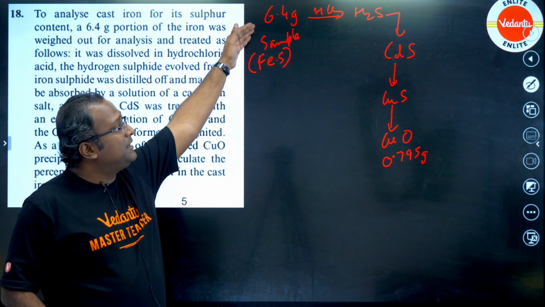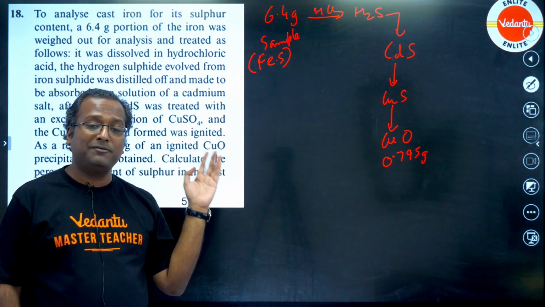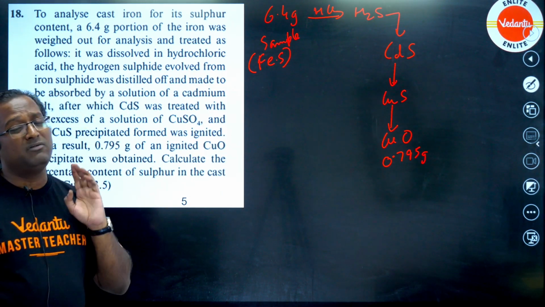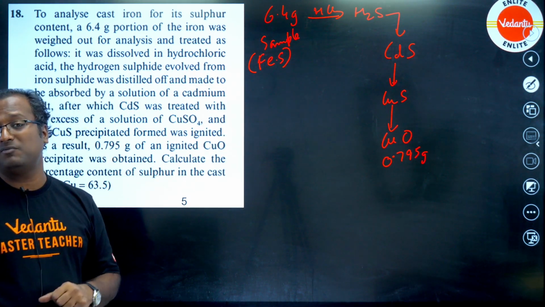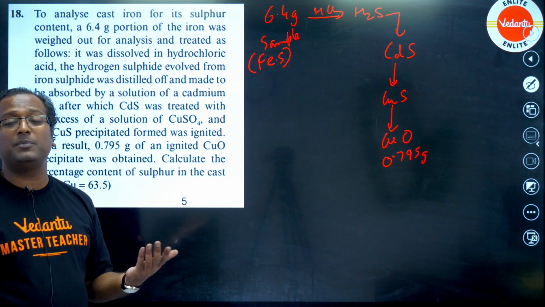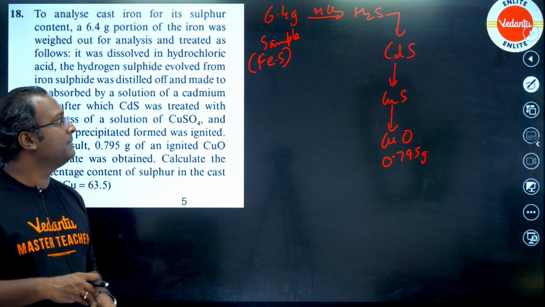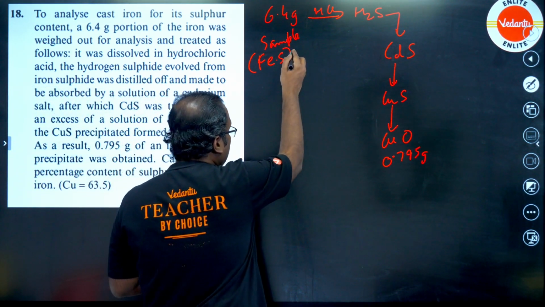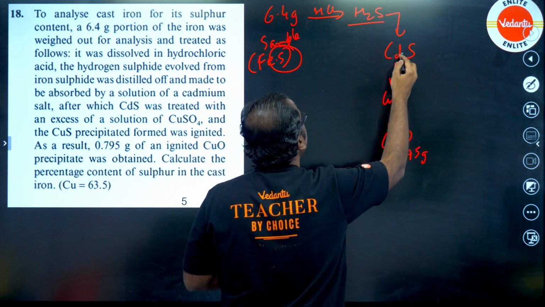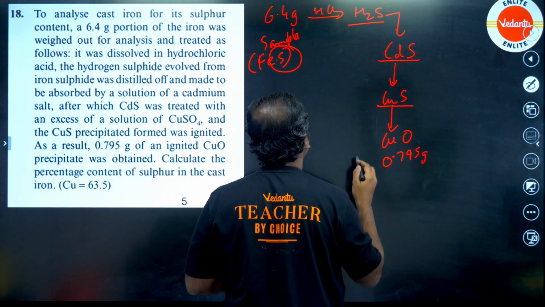Again, we have multiple steps and multiple reactions happening. One way to solve is to write every reaction, balance every step and then solve. That is very lengthy, very tricky, and prone to a lot of mistakes. Second, let's try to apply POAC, the principle of atomic conservation. Whatever sulfur was present in your sample went ahead and gave H2S, converted to CdS, then finally converted to CuS.